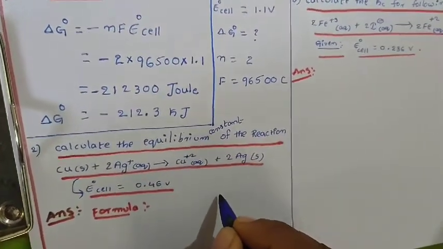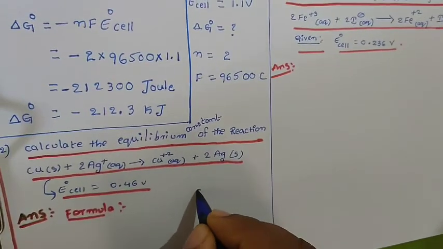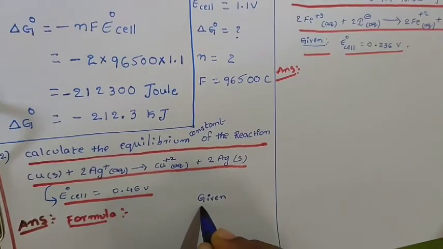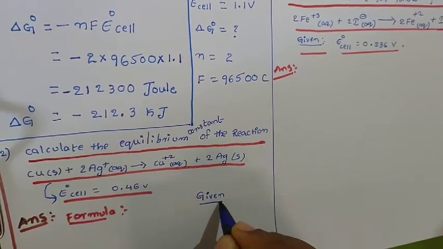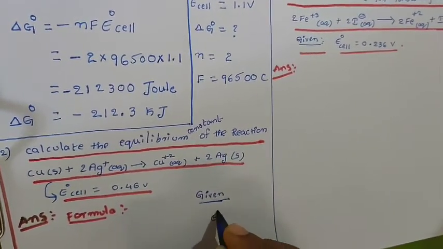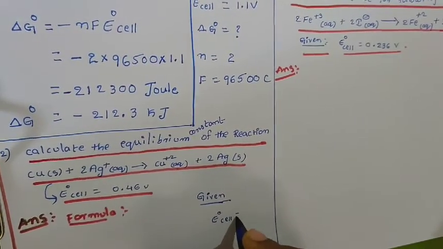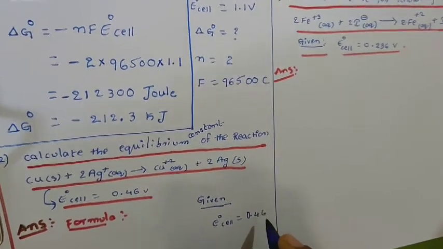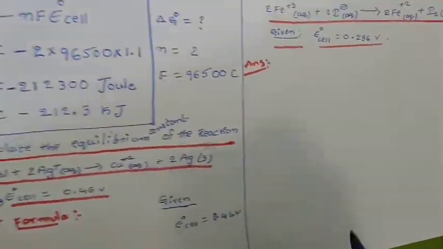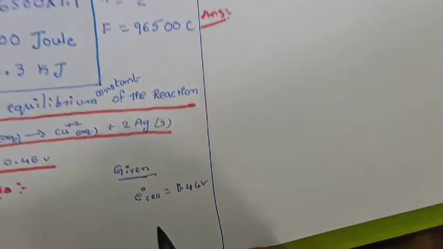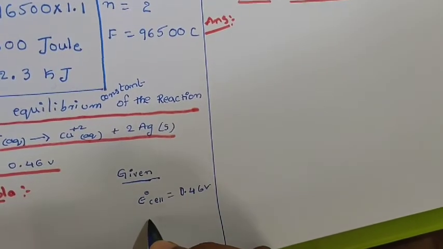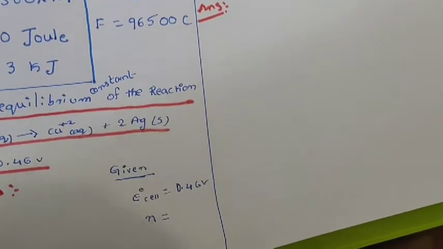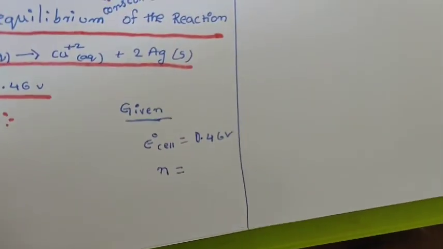Let us start with what is given here. The given is E naught cell equal to 0.46 volt. Here we require n. n indicates the number of electrons.